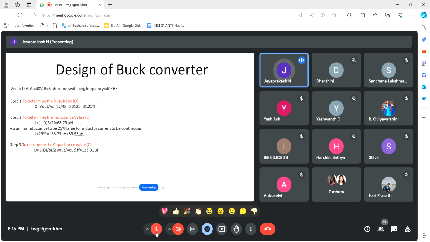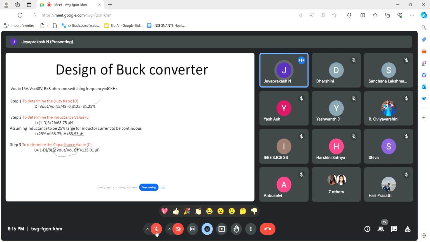Similarly, I am finding the capacitance value. This is the formula. Ideally we need 0 percent tolerance, but that is not practically possible.